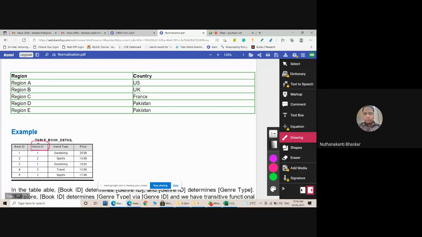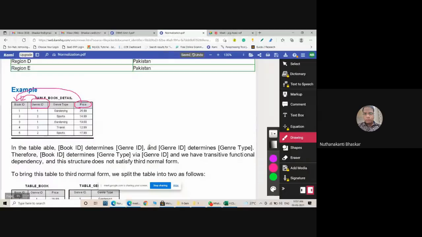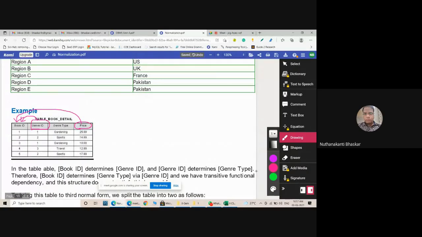Genre ID also depends on the book ID, because which category the book is, maybe sports or health. And price also depends on the book ID, correct? Yes, sir. Now this category of book is depending on category ID.